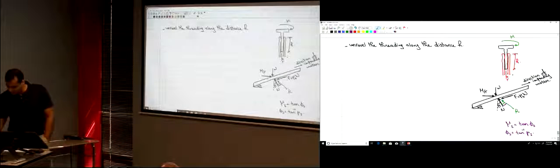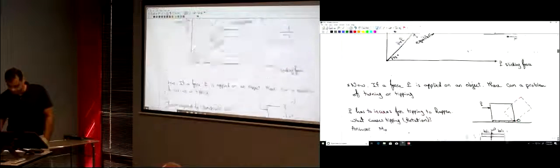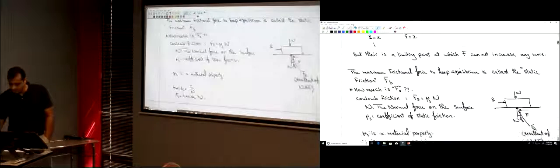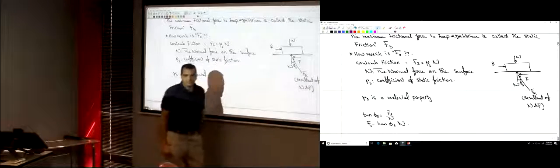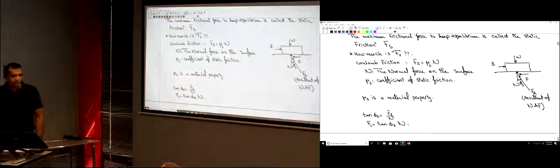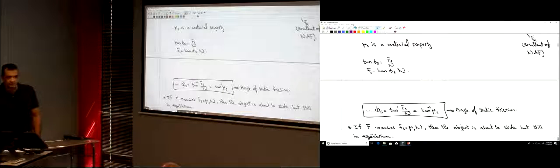I'm just going to go up to show it to you. Yeah, here it is. The resultant force here, this angle with the normal force is just phi s, and phi s is tan inverse mu s, because it's tan inverse of F s divided by N.